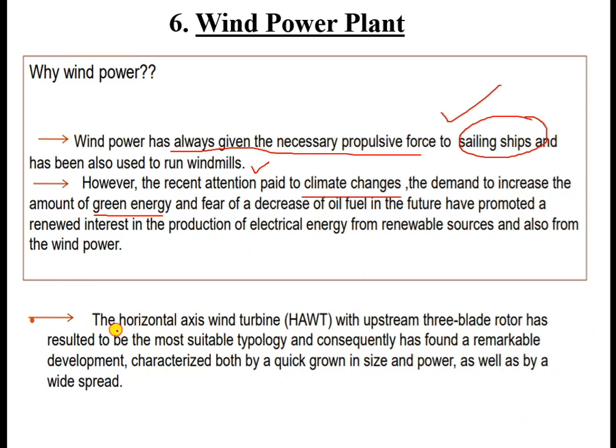Now, in many wind power plants, the HAWT, that is the horizontal axis wind turbine, is popularly used because it gives a good amount of efficiency, as well as being used in a proper manner as compared to the other types. We will not go into the details. As first year engineering students, you should only know the working as well as the simple components of this system.